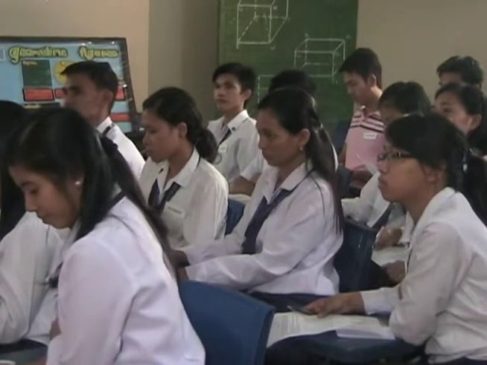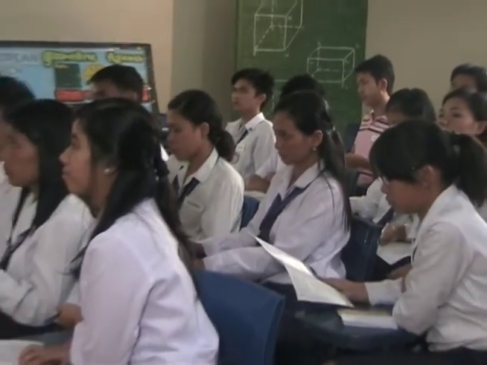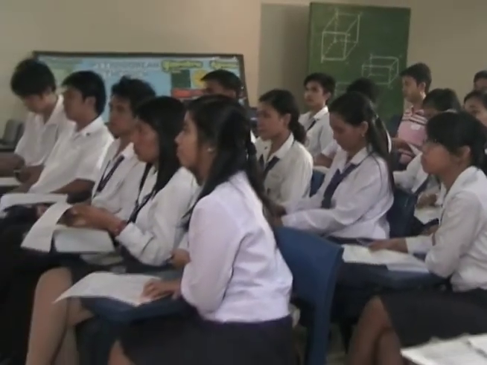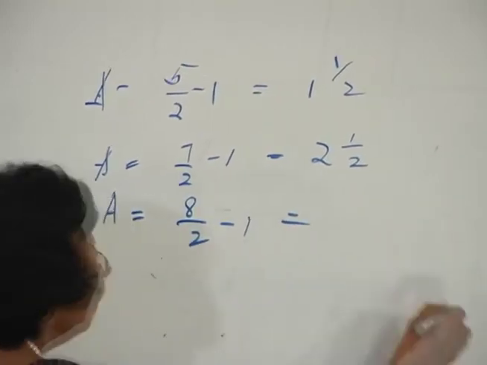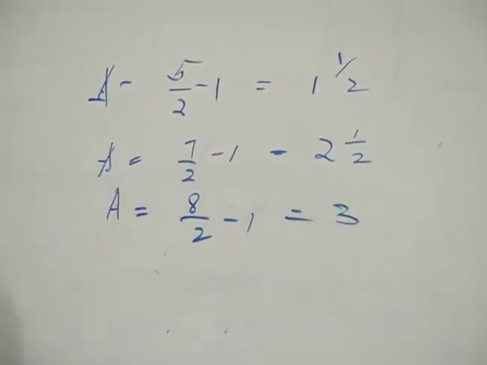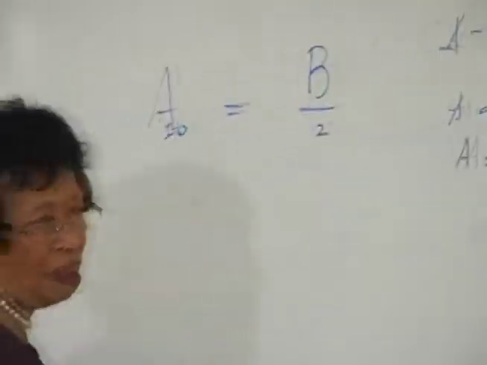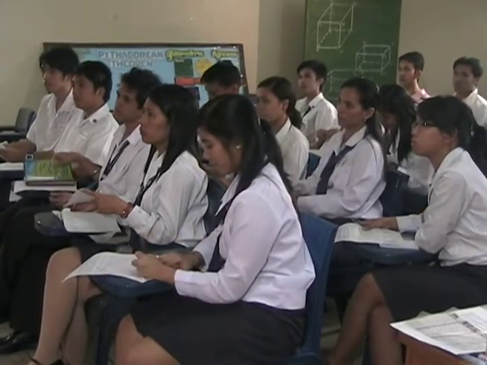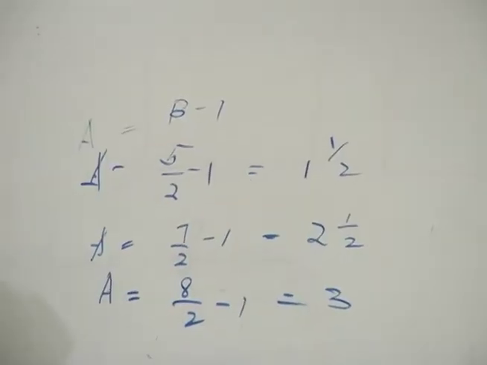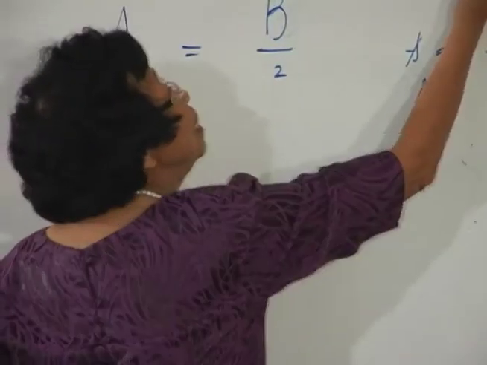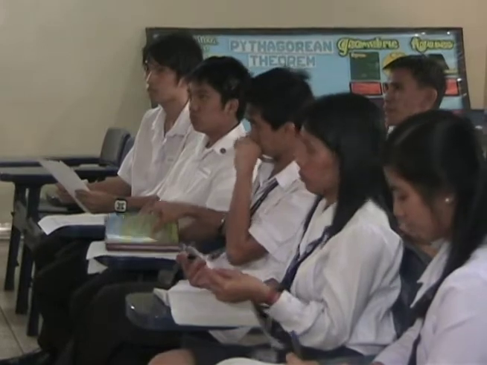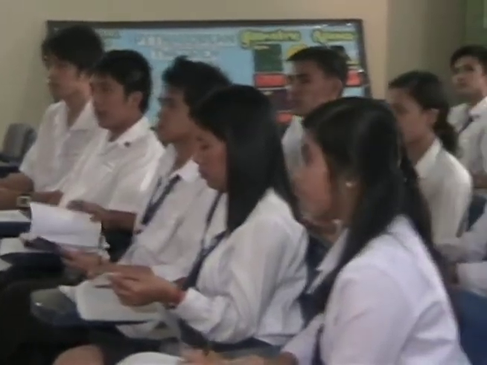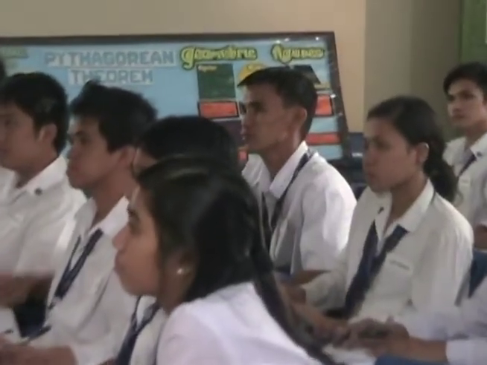How many boundary points? 8 over 2 minus 1. What's the area? 3. So now, what is the formula that you have? Whenever I equals 0, you still divide this by 2. Okay, this is for this one.